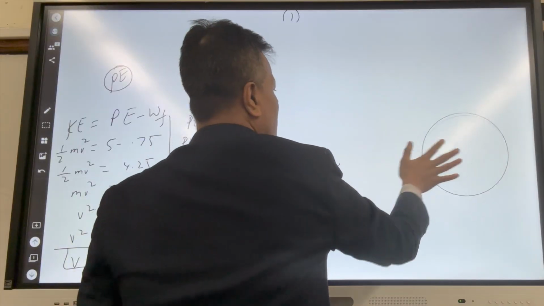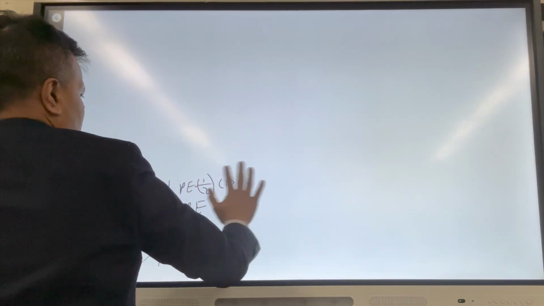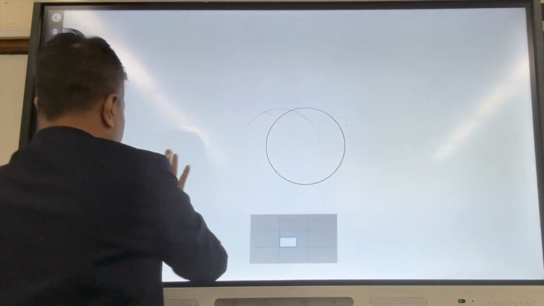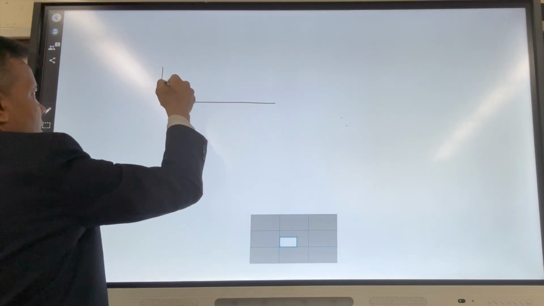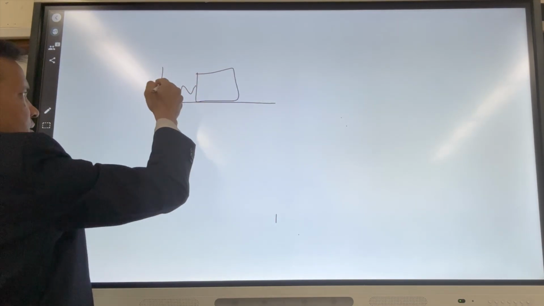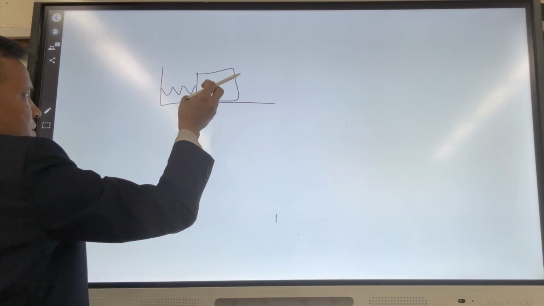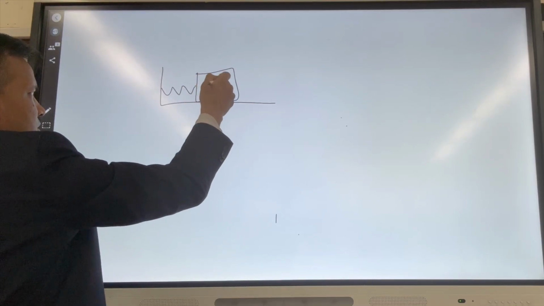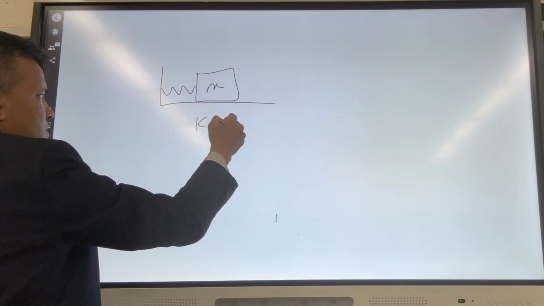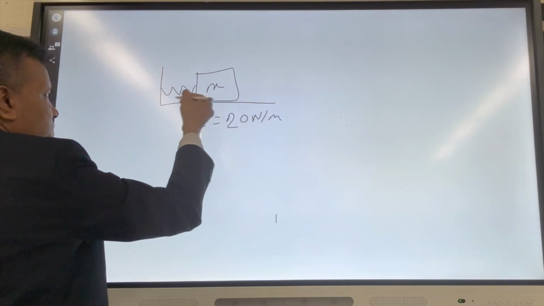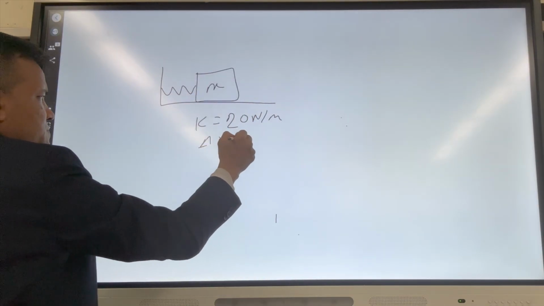Now, the second problem is 100% the same but easier. I give you something like this, held against a spring, and this is, let's say, a mass. K is 20 Newton per meter, and it's compressed against this spring for 0.1 meter.